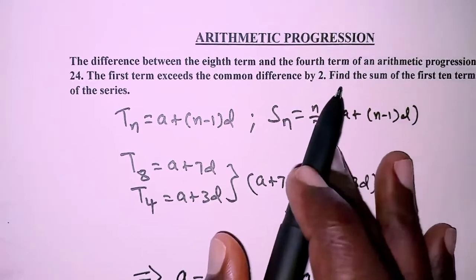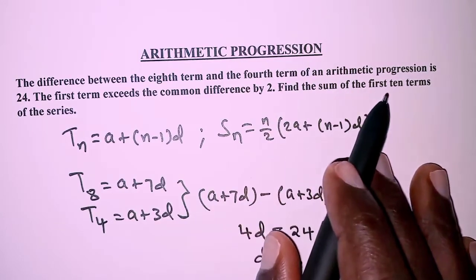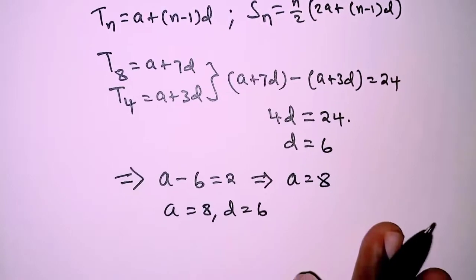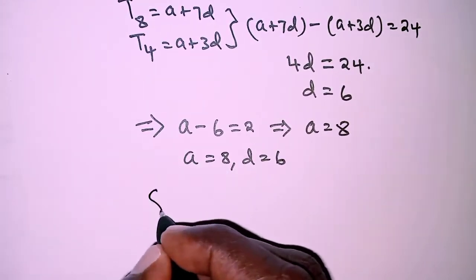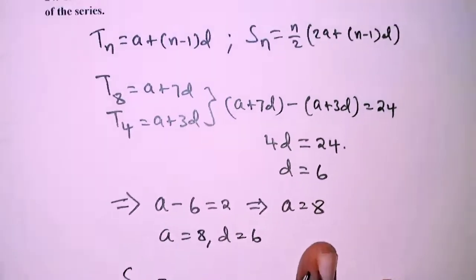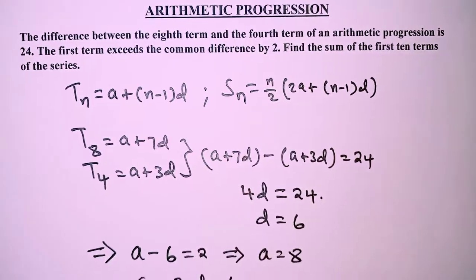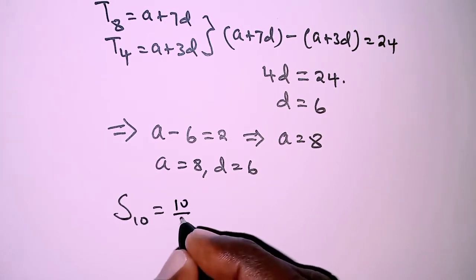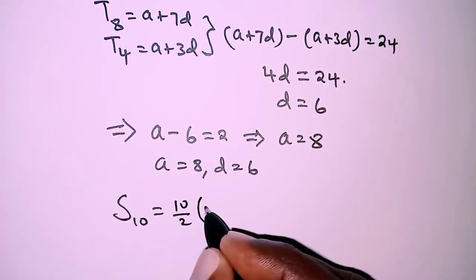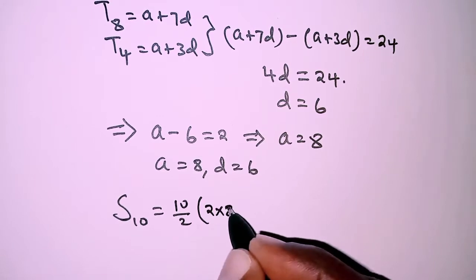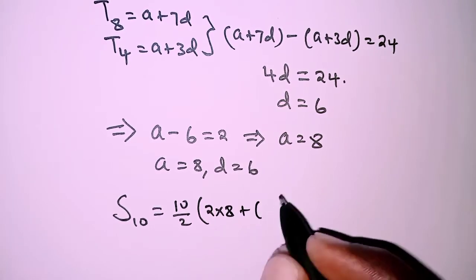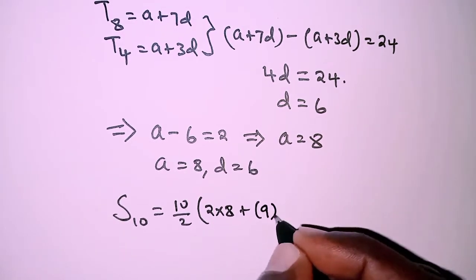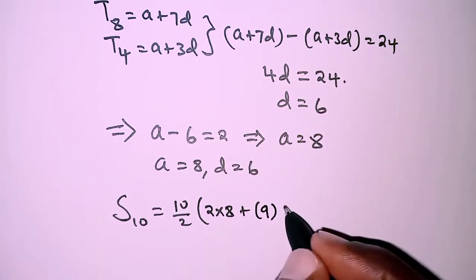According to the question, we are asked to find the sum of the first 10 terms of the series. So the sum of the first 10 terms, according to this formula here, is 10/2 times (2 × 8 + (n - 1)d), and that is 10 minus 1, which is 9, times d, and d is 6.